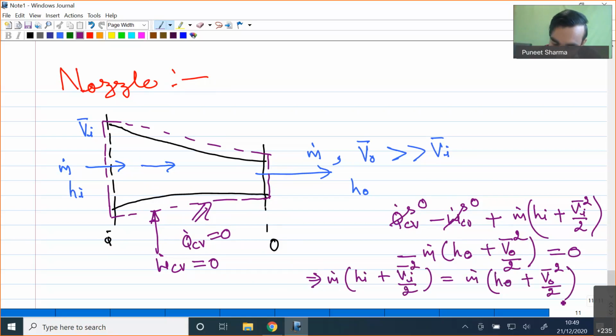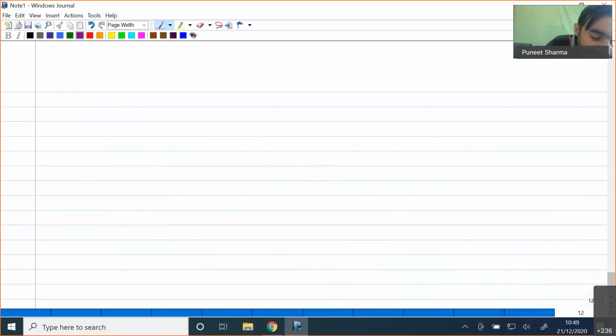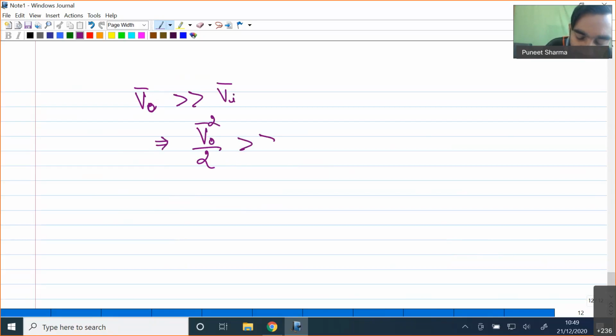Now, ṁ will cancel because it is the same. One more assumption I can take: I have already told you that V̄O is very large in comparison to V̄I, so V̄O square divided by 2 will be very large in comparison to V̄I square divided by 2. That's why I can neglect V̄I square by 2.